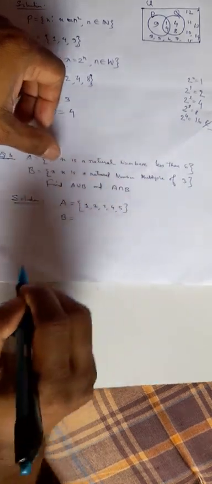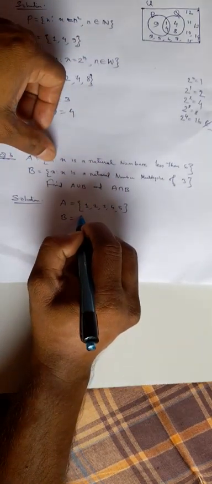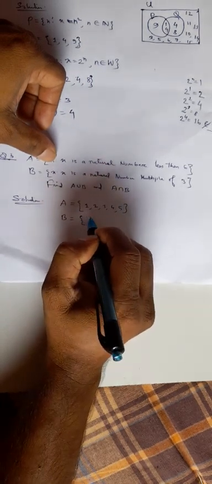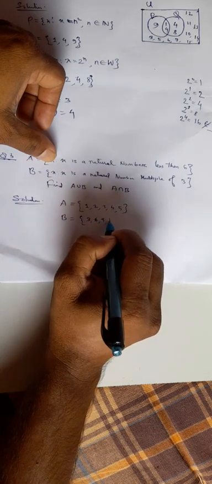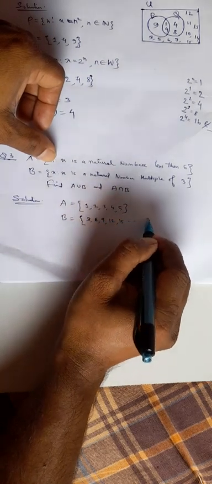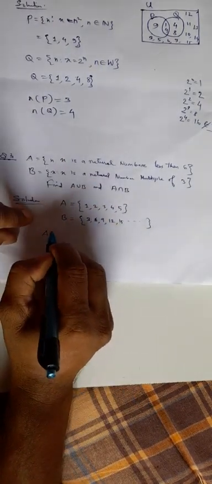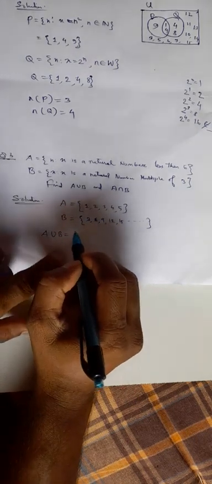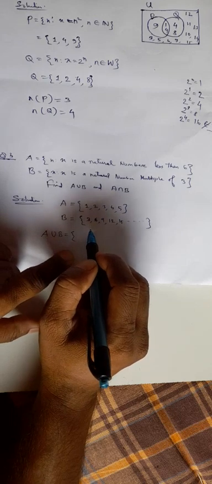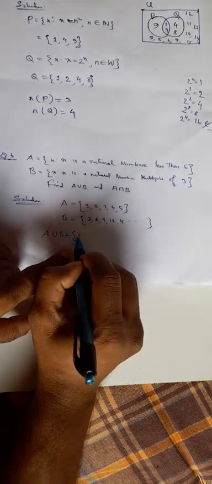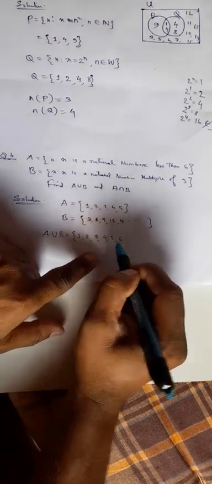And B equal to {X is a natural number multiple of 3}. So find the multiples of 3. 3 times 1 is 3, 3 times 2 is 6, 9, 12, 15, etc. Now what is A union B then? A union B means those elements which are in A or B. So we will write 1, 2, 3, 4, 5, 6.